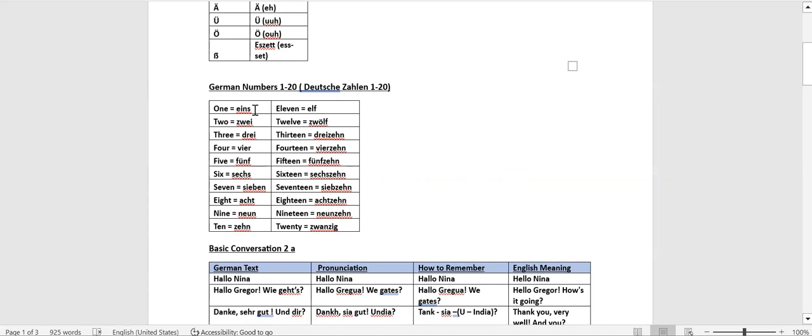Let's look at how to pronounce them. 1, eins, 2, zwei, 3, drei, 4, vier, and so on up to 10, zehn. 11 is elf, 12, zwölf, 13, dreizehn, 14, vierzehn, 15, fünfzehn, 16, sechzehn, 17, siebzehn, 18, achtzehn, 19, neunzehn, 20, zwanzig.